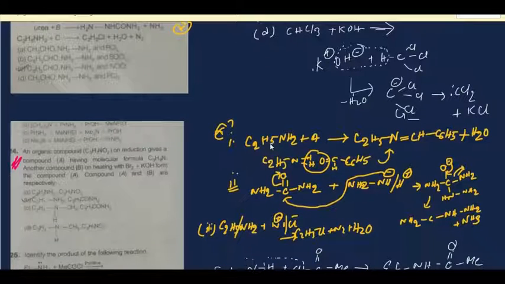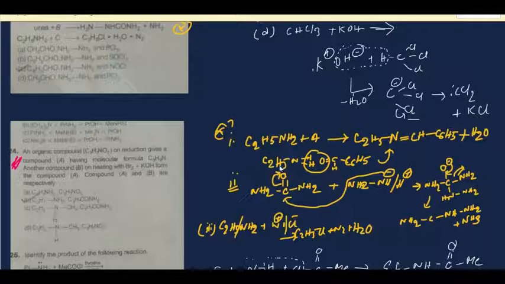So first reaction, C2H5NH2 plus A, giving C2H5N=CH-C6H5 plus H2O. According to the options, aldehydes is the first option for A. As C6H5 is there, we can take benzaldehyde as an option.